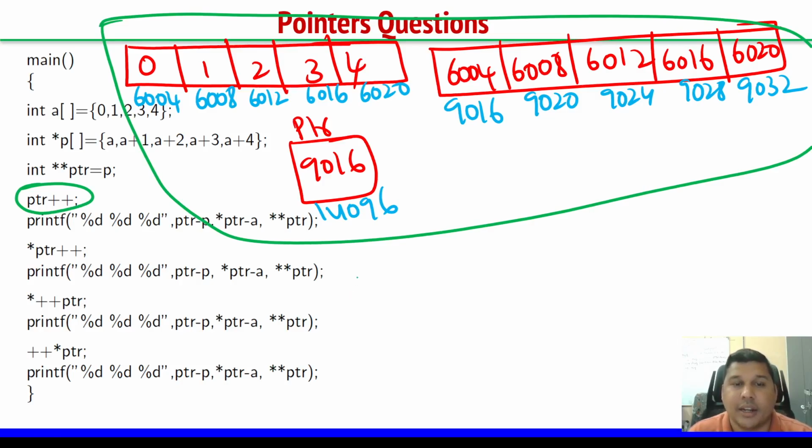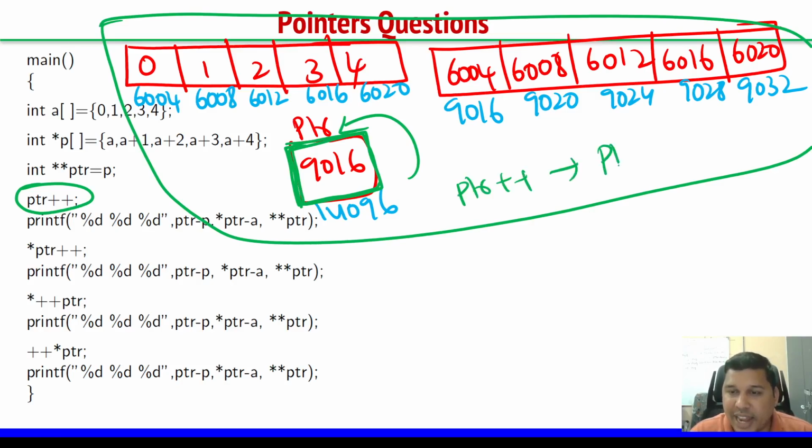Okay, see here, PTR is here. This is the memory location of PTR. PTR plus plus means whatever content exists in this PTR, take this, add 1 to that and store it back again in the same PTR. So what is there in PTR? 9016.